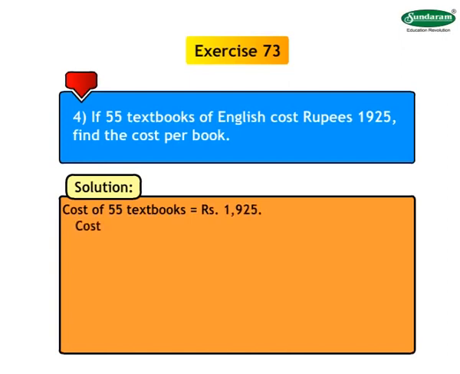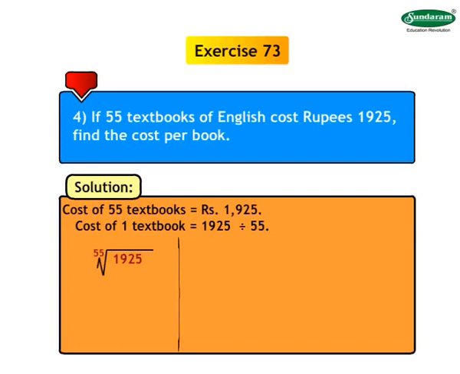Therefore, cost of one textbook is equal to 1,925 divided by 55. Arrange the numbers 1,925 and 55. 1,925 is the dividend. 55 is the divisor.